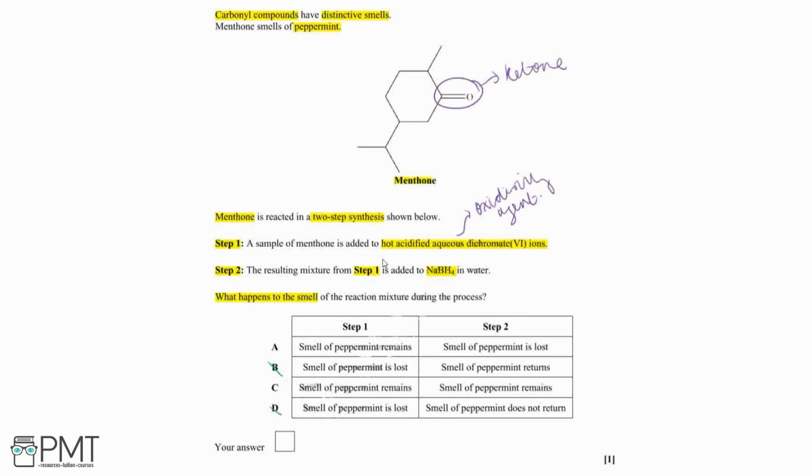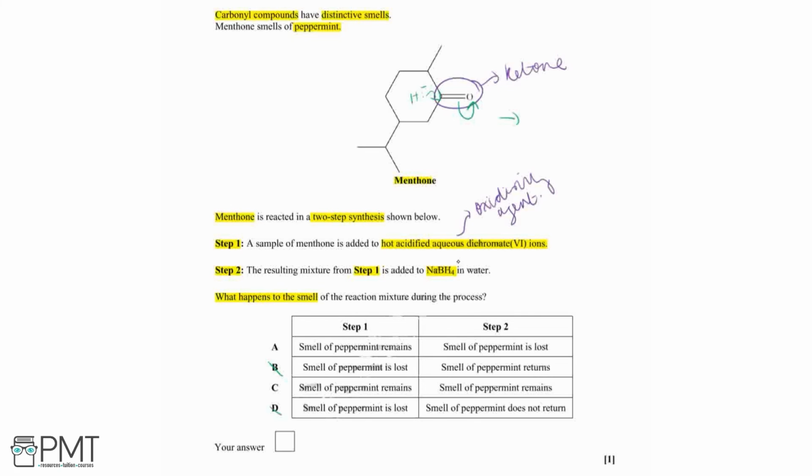Now step 2 is where this resulting mixture is added to the sodium tetrahydridoborate. So we know that our resulting mixture will be the same as before because our ketone has not reacted with the oxidizing agent. And then in this situation we have hydride ions from this compound which can come and react via a nucleophilic addition reaction, like so.